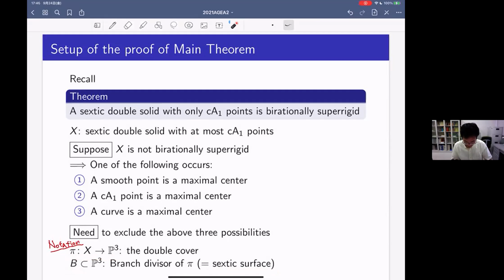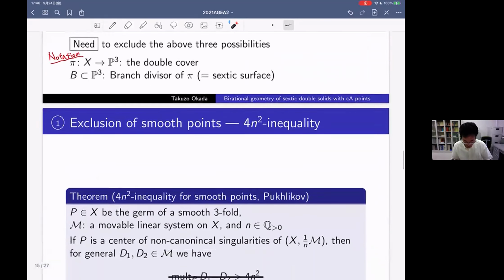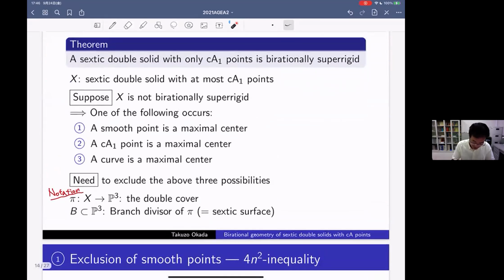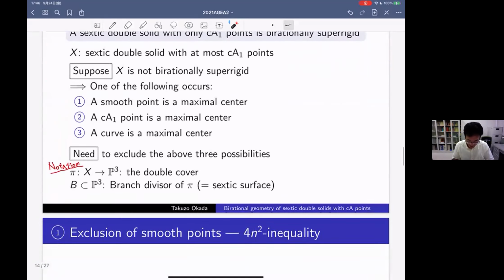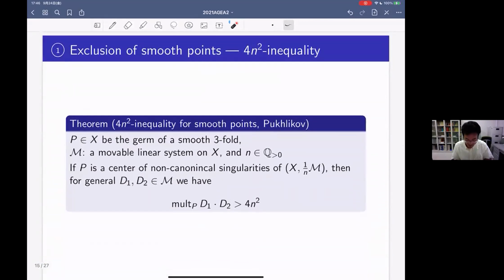Now I explain how to exclude these three cases. Firstly, let us talk about smooth points. This is based on a local inequality known as the 4n squared inequality.